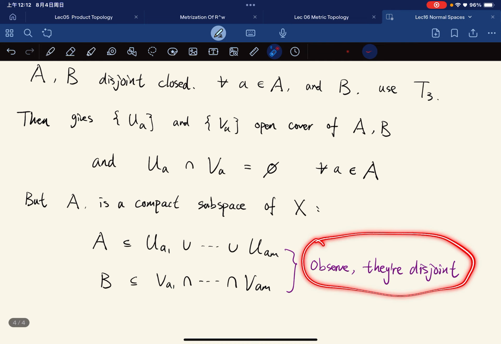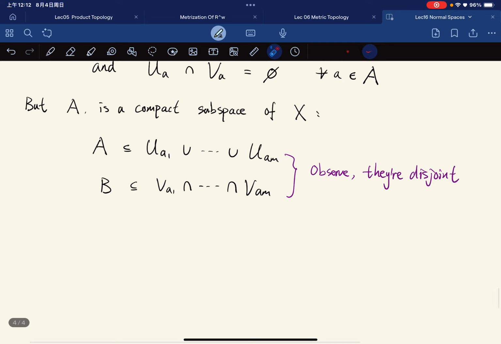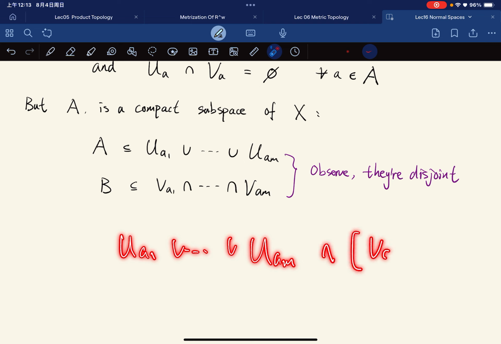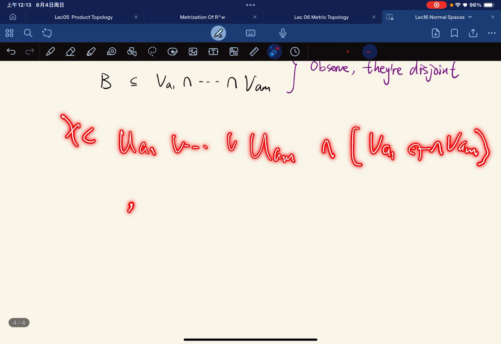And here's my side note, observe that they're disjoint. Let's just verify this. Suppose x is in the union of U_{a1} through U_{am} intersected with the intersection of V_{a1} through V_{am}.